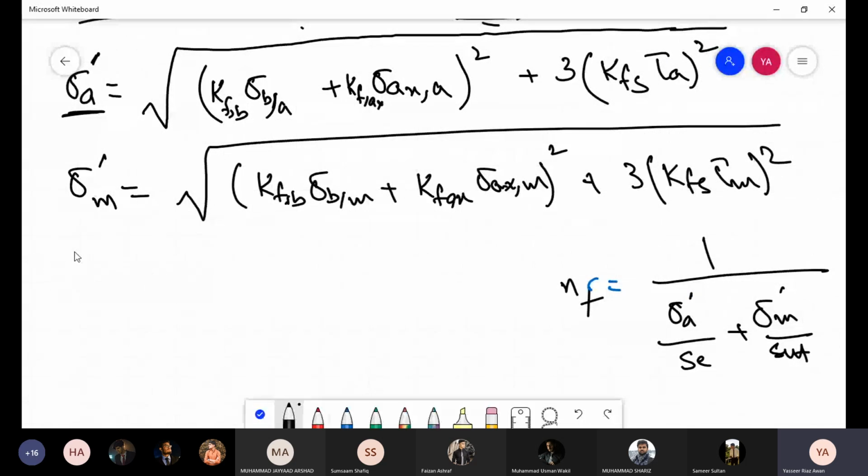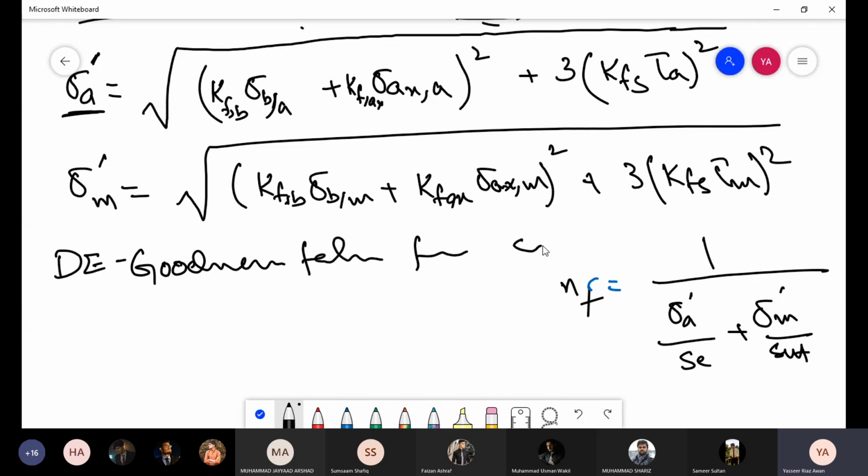You just use the Goodman criterion in combination with distortion energy theory, okay. So DE Goodman criterion. We can say this is the distortion energy Goodman fatigue failure criterion, okay.